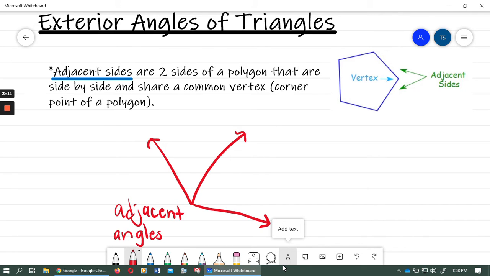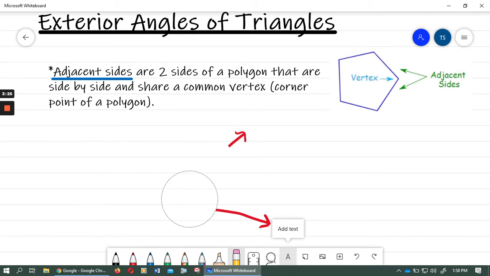There's a difference between adjacent angles, which have a common vertex and a common ray that they share. So we're not talking about adjacent angles, and I'm about to erase all of that right there. Okay, so let's get that clear.